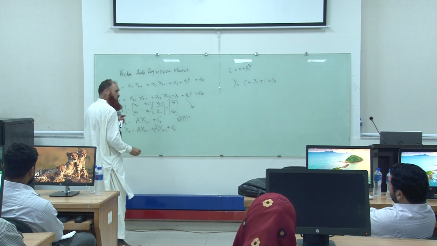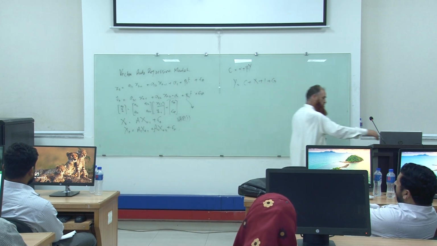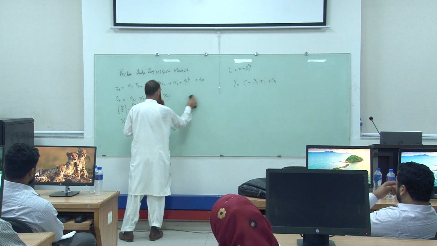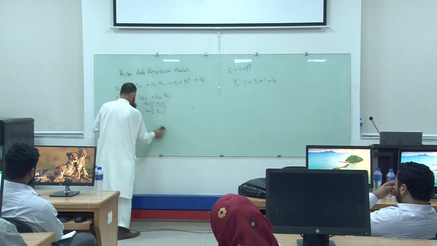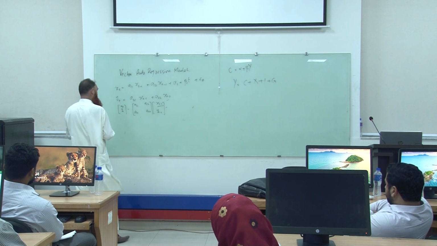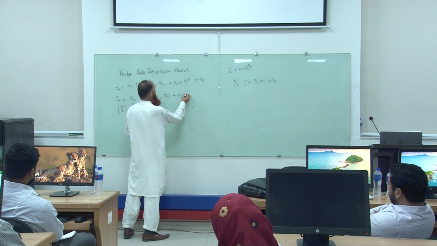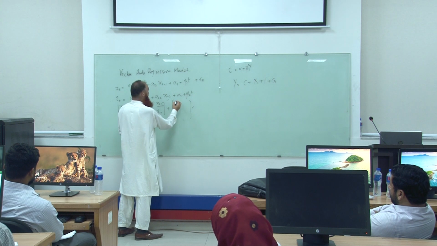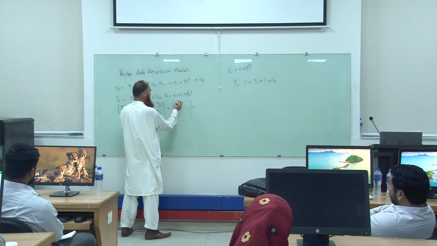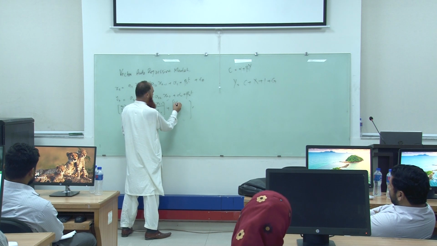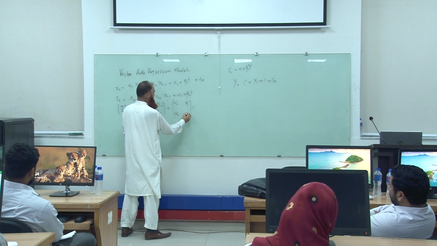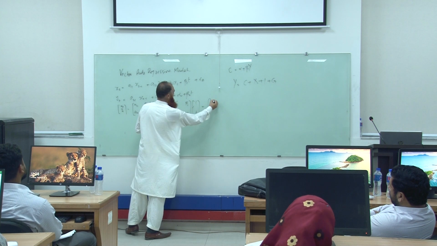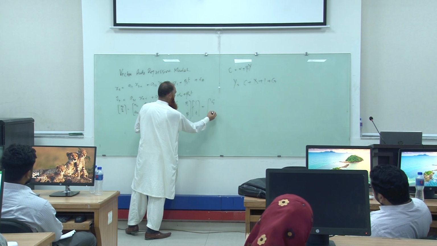This is already there, so you have to add alpha 1 alpha 2 and beta 1 beta 2, and the multiples are 1 and t, plus epsilon 1 and epsilon 2.